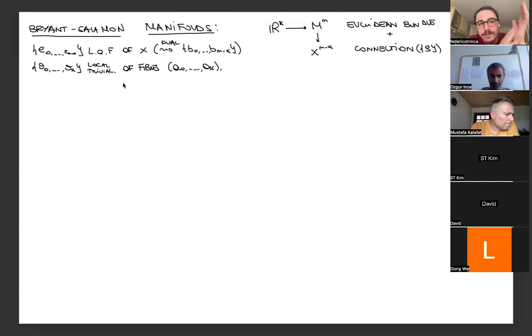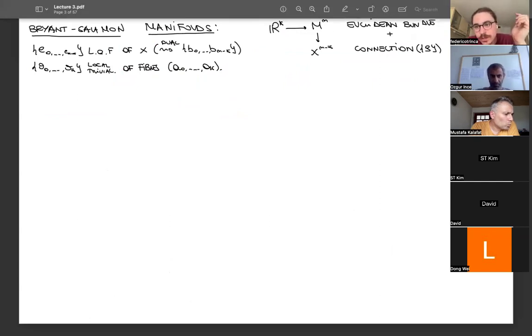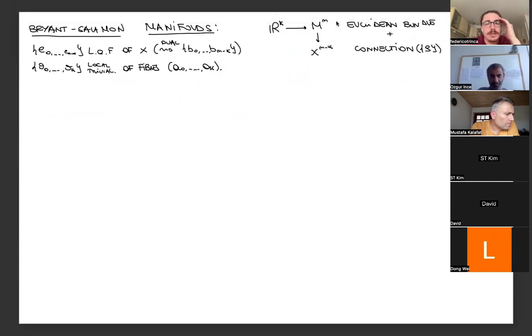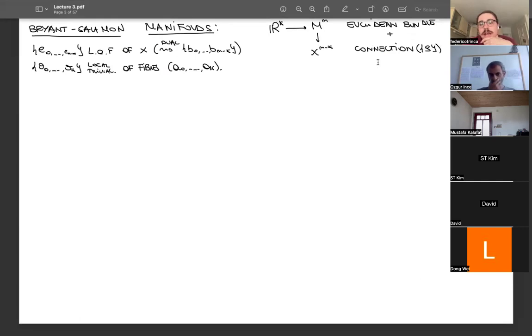The Bryant–Salamon manifolds are, let me recall, these 7-dimensional and 8-dimensional manifolds that are constructed as vector bundles over some lower-dimensional manifolds. So we have X, which is an (n minus k)-dimensional manifold, and we're considering a k-dimensional vector bundle over X, which is Euclidean, so it has an inner product and has a connection with connection form rho.